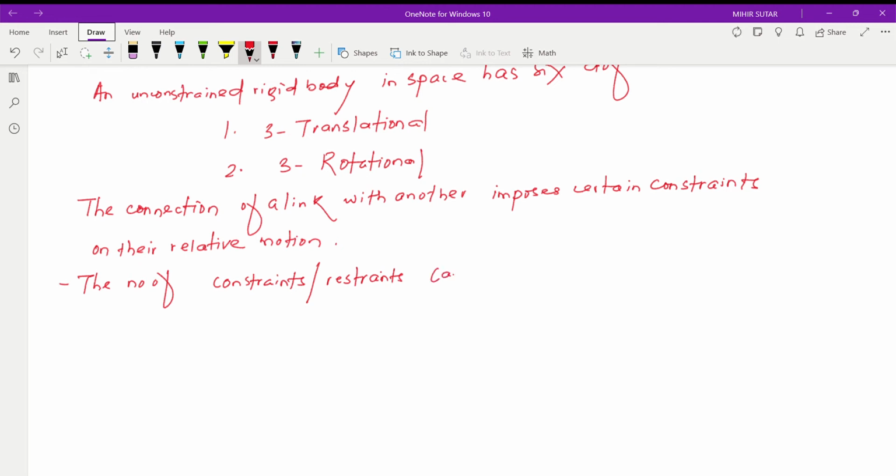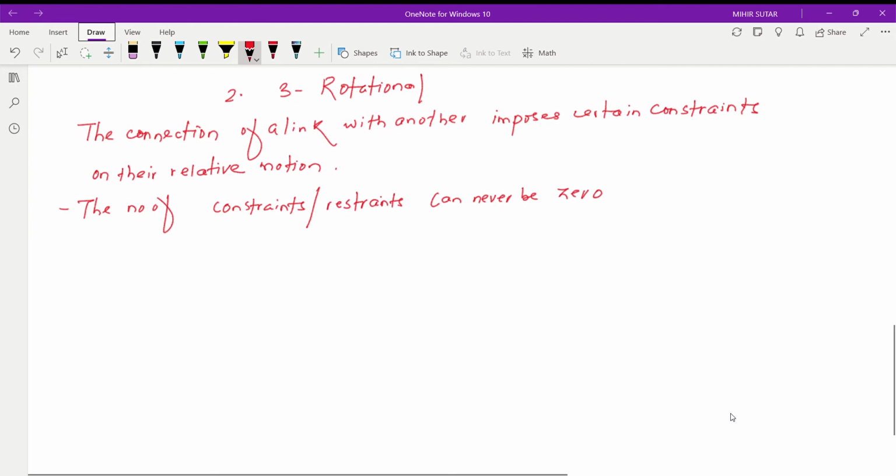From a mechanism point of view, the rigid body cannot be completely free from all constraints. At least one link will be fixed or some conditions will be there. So in other words, a zero order system is not possible.